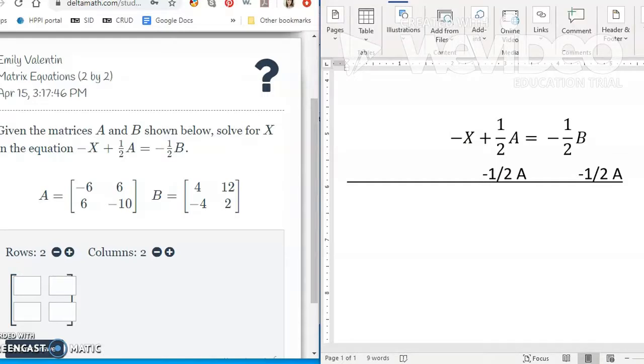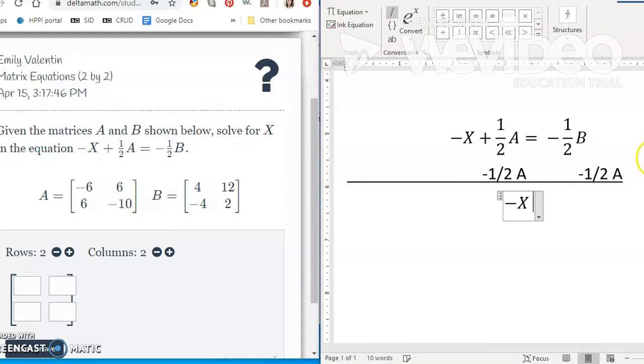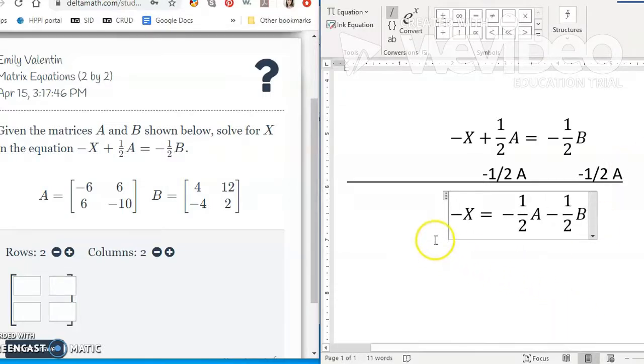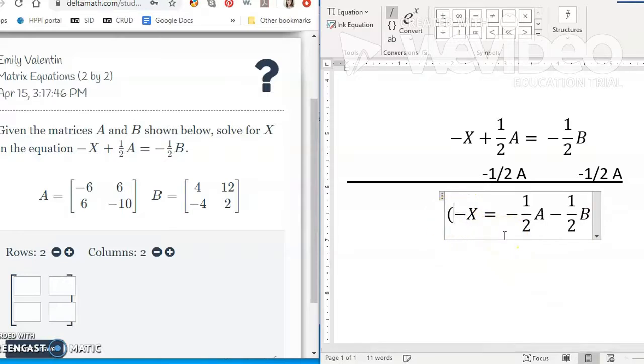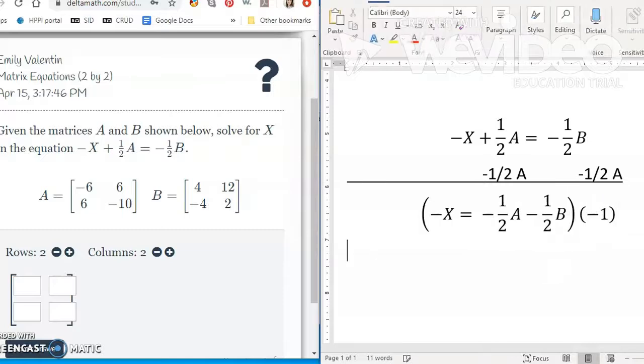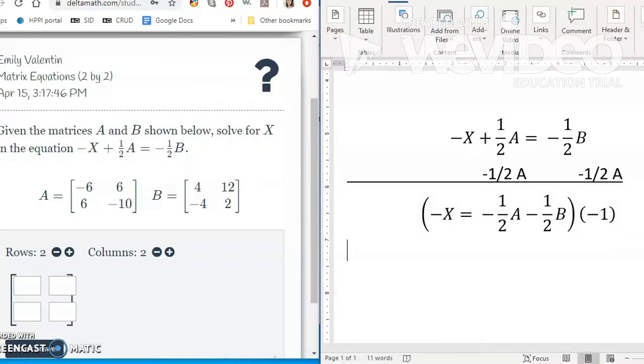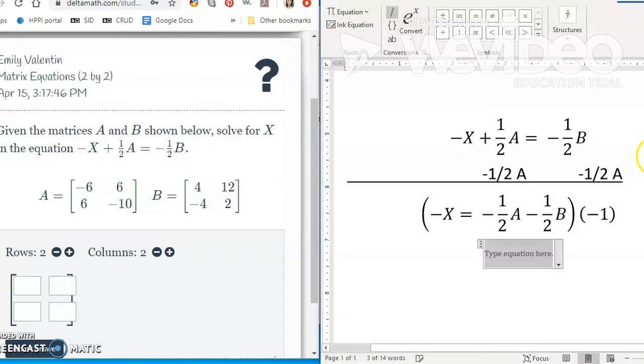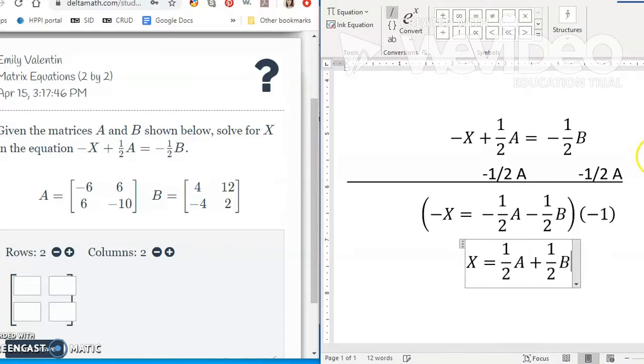Okay, and then that would leave me with negative x equals negative 1/2 a minus 1/2 b. And then I would want to get rid of that negative by multiplying everything on both sides by -1. So that essentially just changes the signs and gives me x equals, now everything's positive, plus 1/2 b.